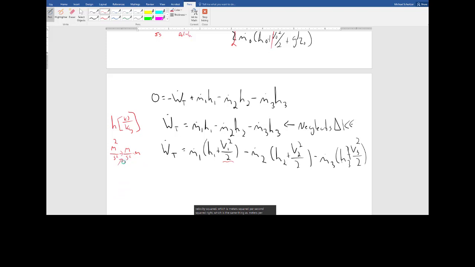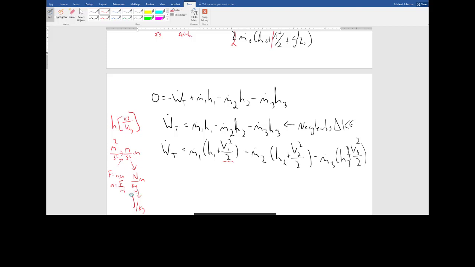But Newton's second law tells me that force is equal to mass times acceleration, and that's an acceleration, so acceleration is equal to force over mass. So I can recast this as newtons per kilogram times meters, which is equal to joules per kilogram.